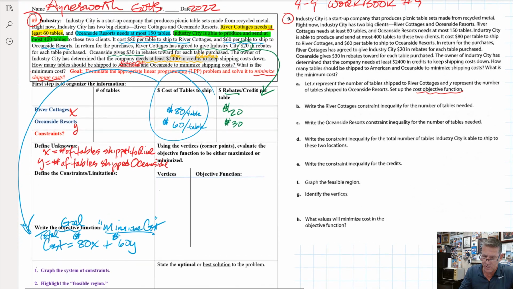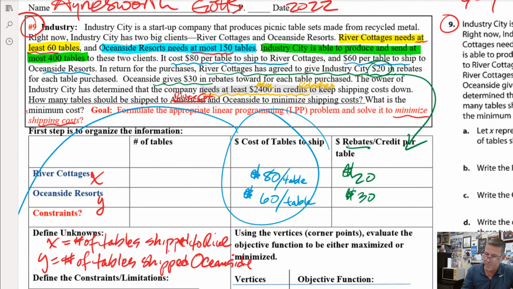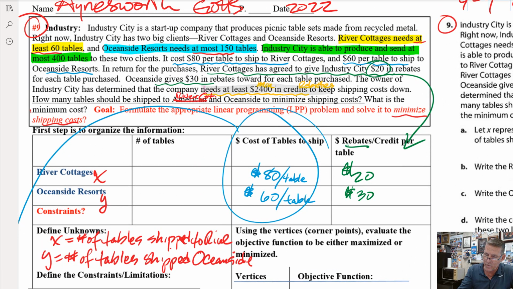So let's read on. Part B says, in your workbook, write the River Cottages constraint inequality for the number of tables needed. So let's go back to the problem and reread. It says in the beginning, River Cottages needs at least 60 tables.